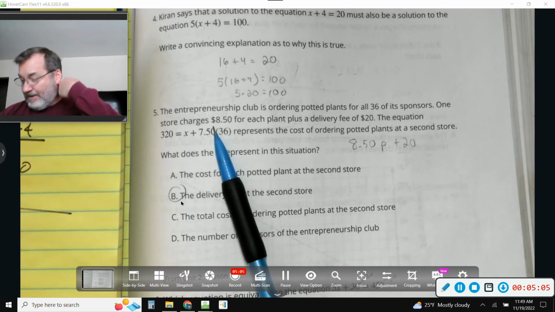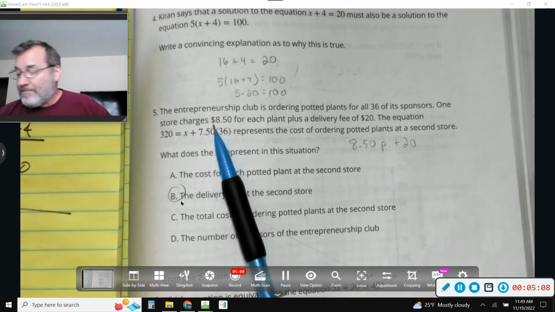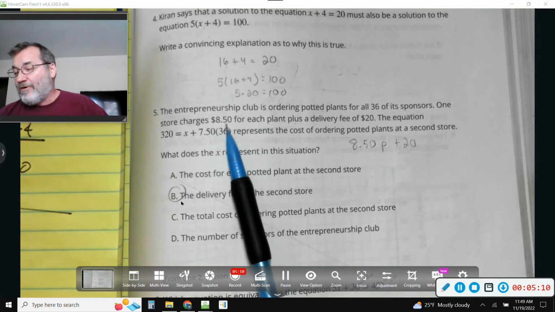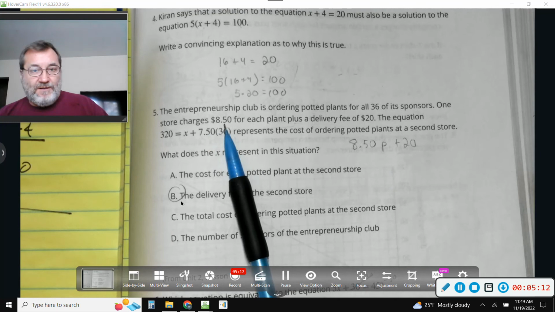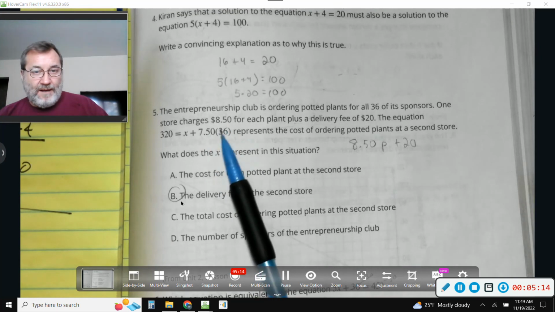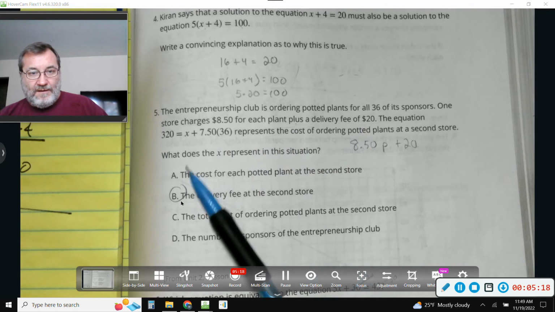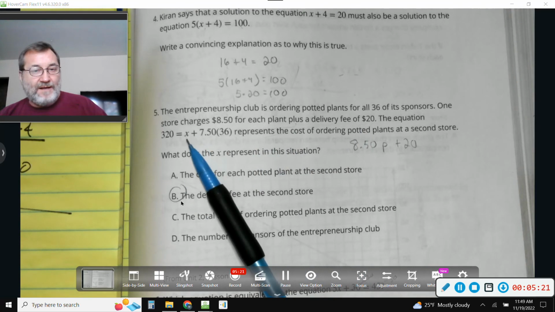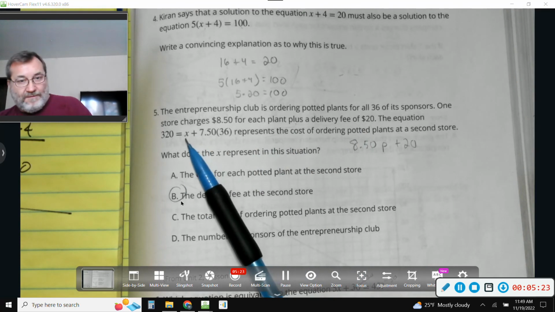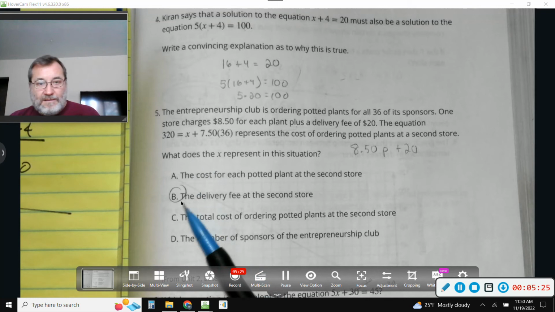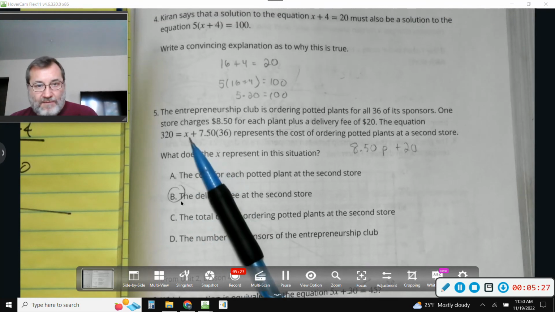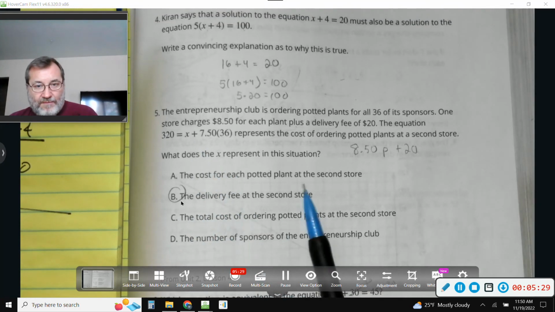You're going to get 36 plants in each case. The things that change are your store charges of $8.50 or $7.50 per plant, and you have a delivery fee of $20 in one, and then we'd have to find the x value for this one to find the delivery fee for the other one. So that's what this B is. What does the x represent right here? Well, that's the delivery fee for the second store.